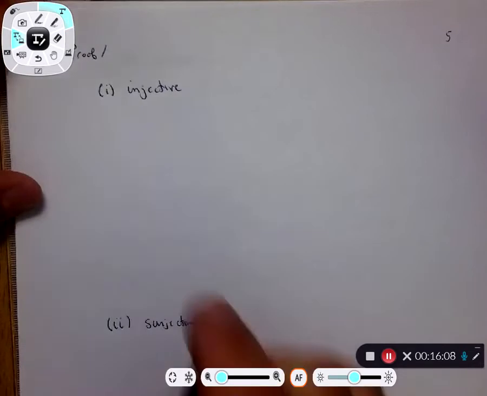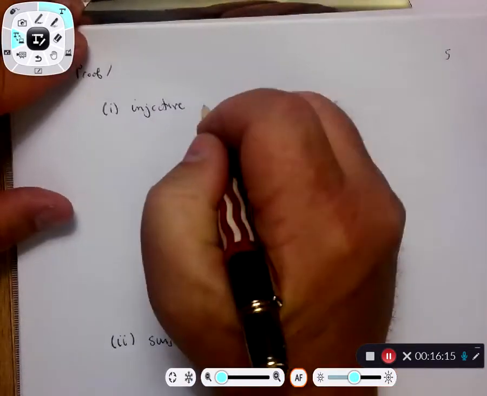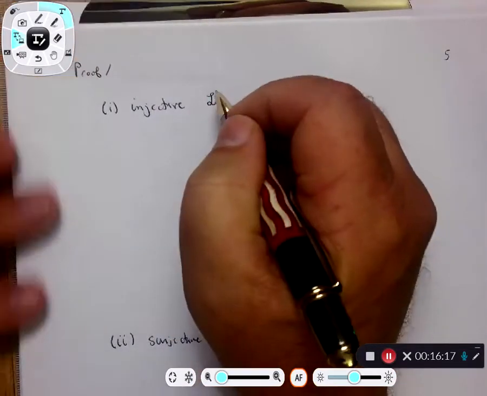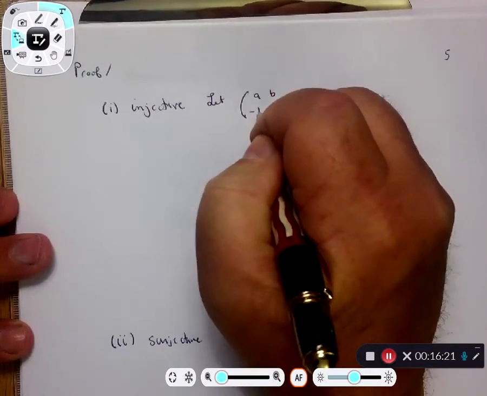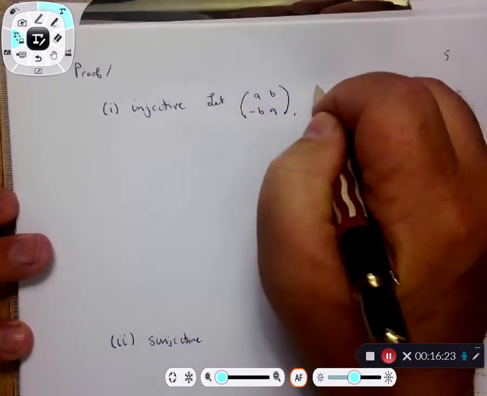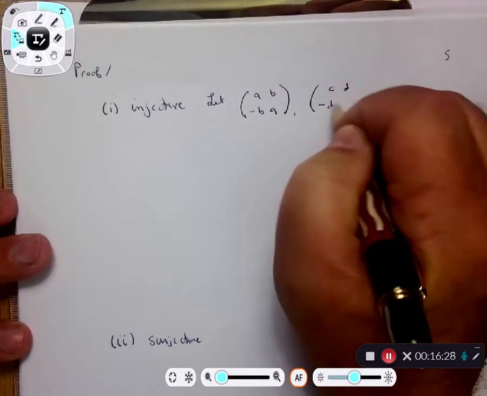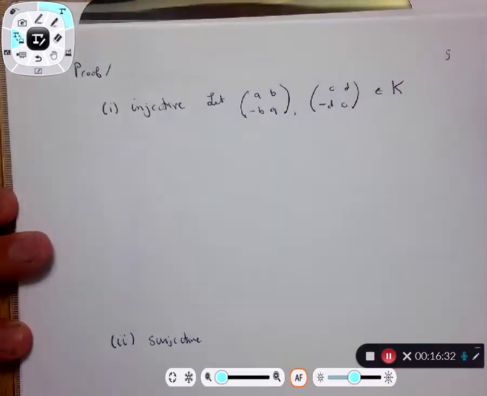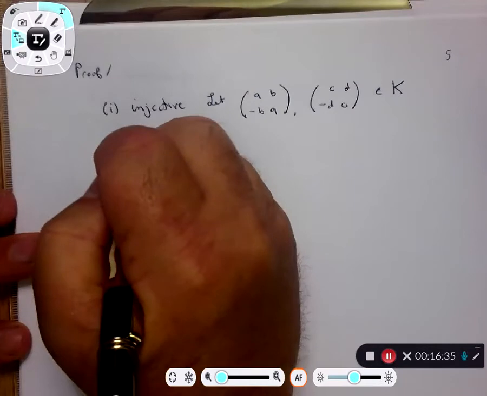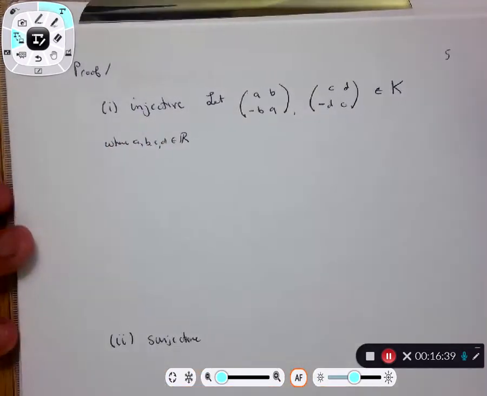All right, to show injective, one-to-one, you've got to give yourself two elements in your domain. So I'm going to set myself up here. I'm going to let [a, b; -b, a], and I give myself another matrix, [c, d; -d, c], be elements of K, where, of course, a, b, c, and d come from the real numbers.